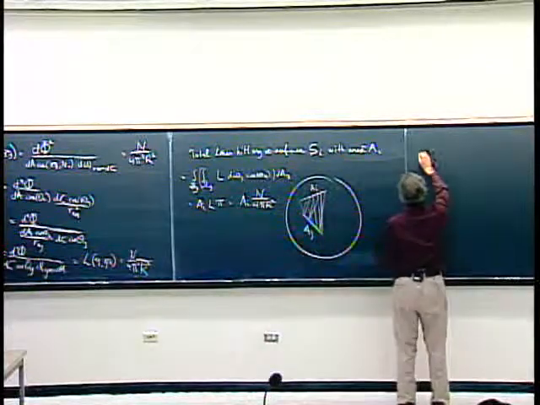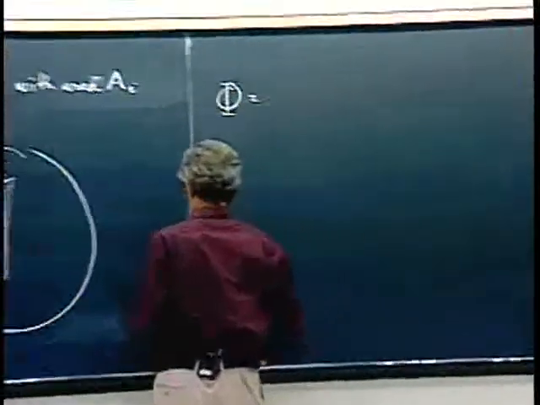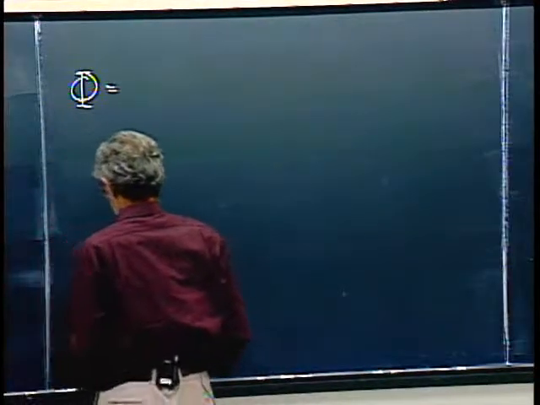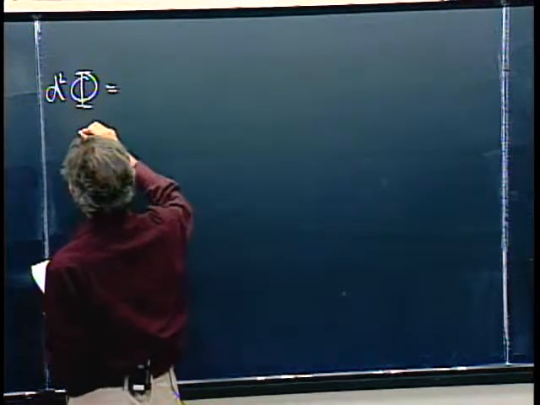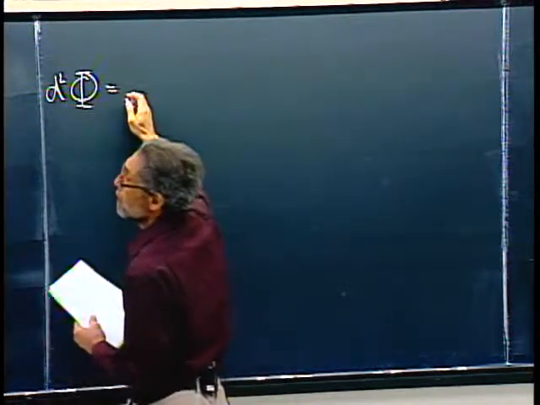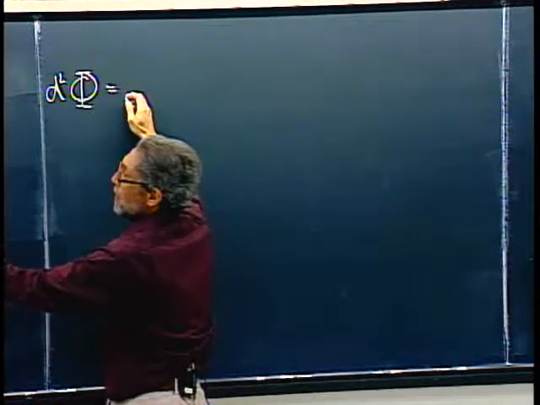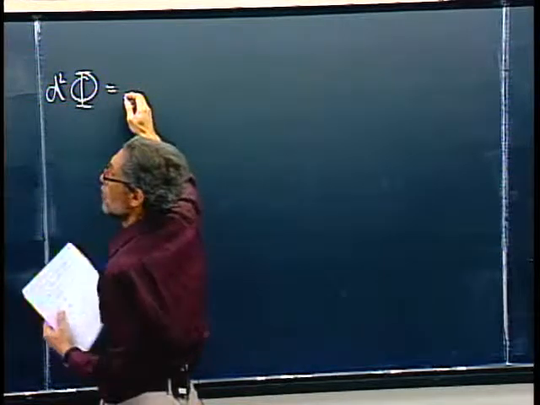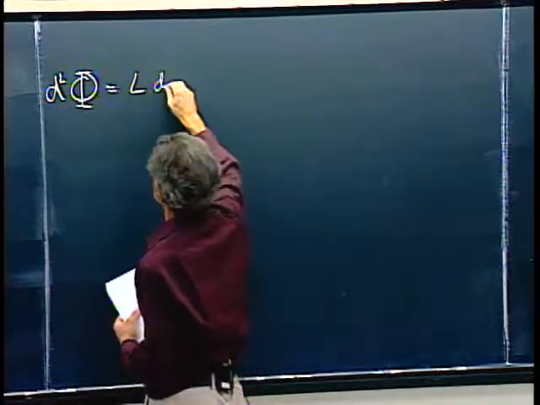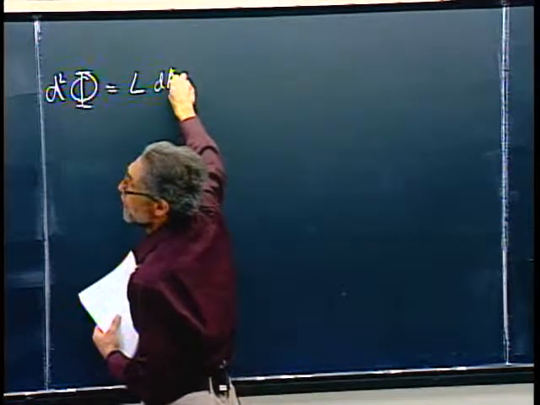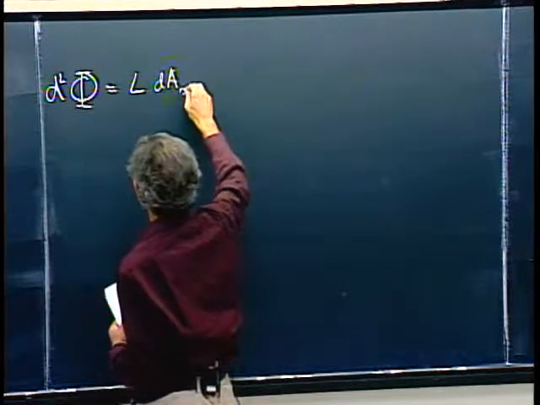So this flux of lines, this is the expected number of lines between, say, if we say d squared between dAx and dAy, we can look at that first line there and say that's equal to this number L times dA, which one is that? Yeah, this is the dAx, say.